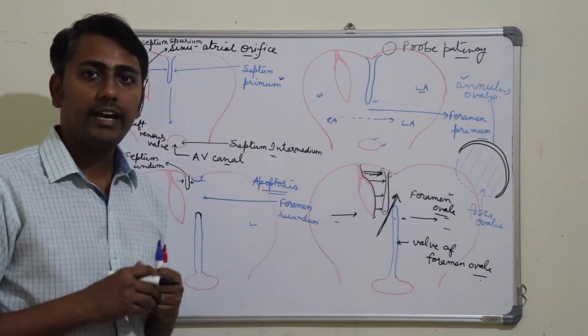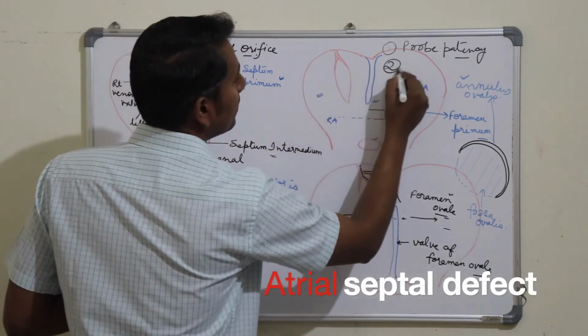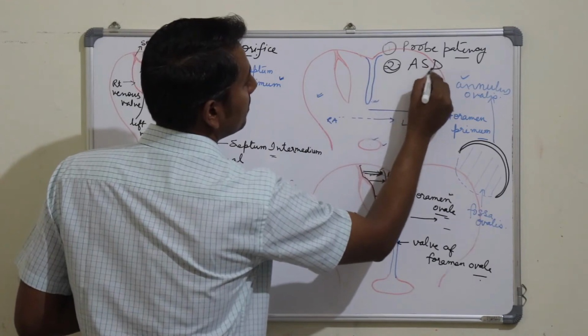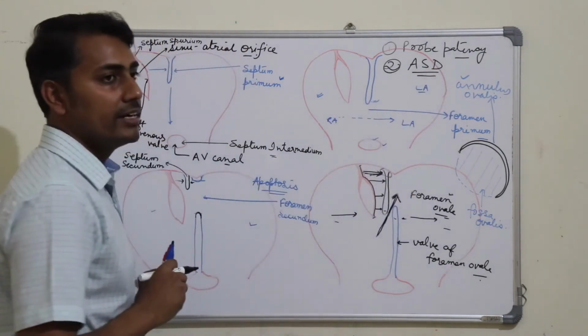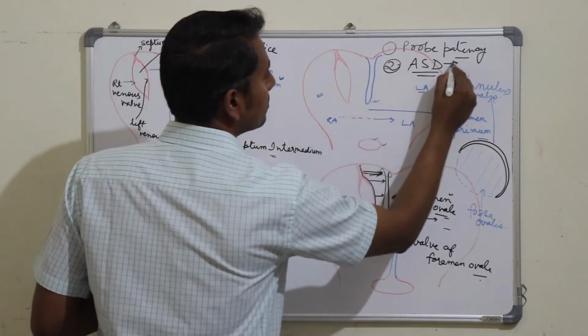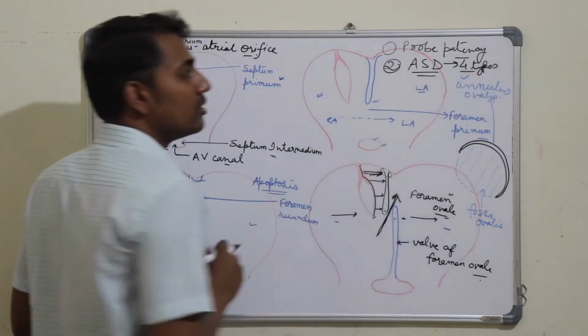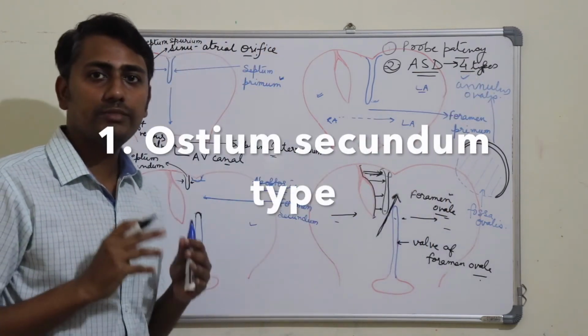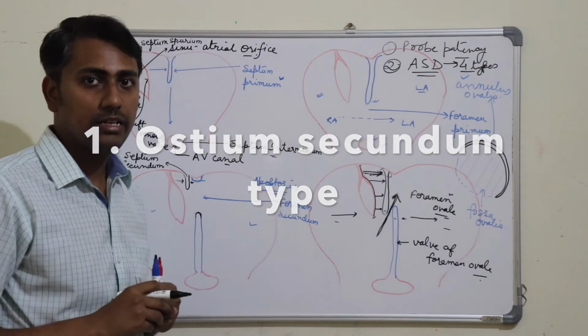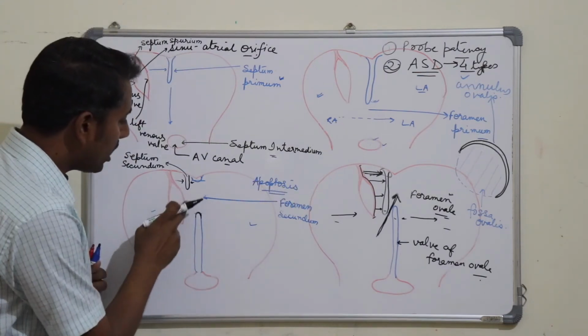Second is the atrial septal defect. The atrial septal defect can be clinically divided into 4 types. First is the ostium secundum type. In ostium secundum type, there is a large foramen ovale.